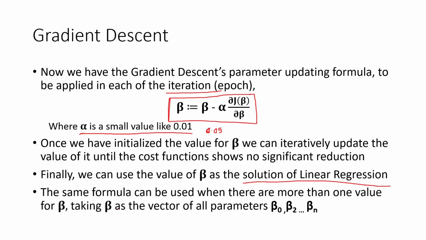Here we have explained for a single beta parameter. But you can have multiple beta values, because beta can be a vector with multiple parameters.